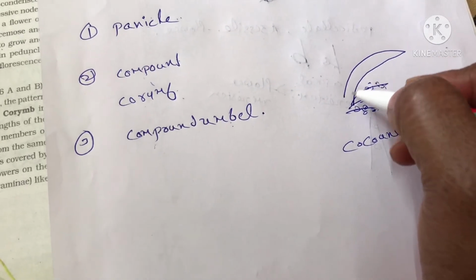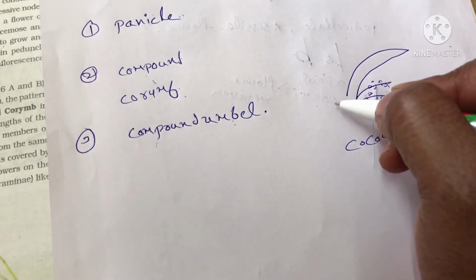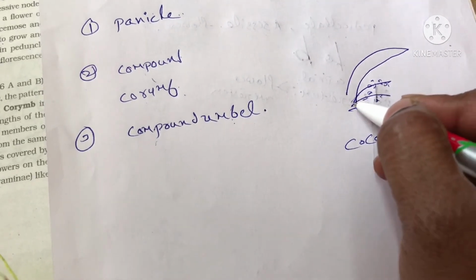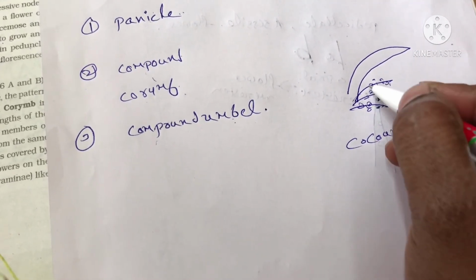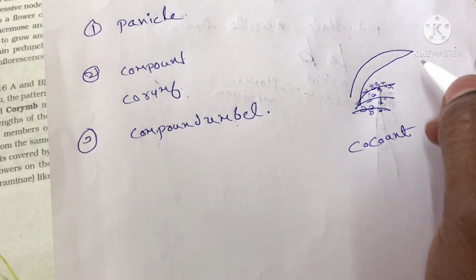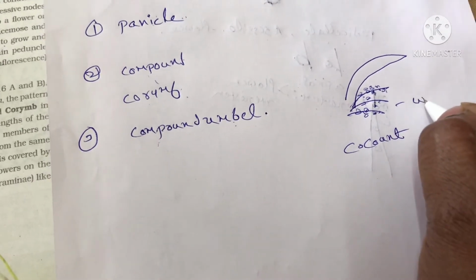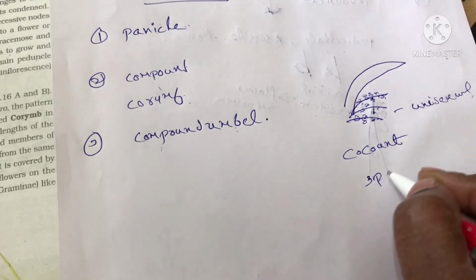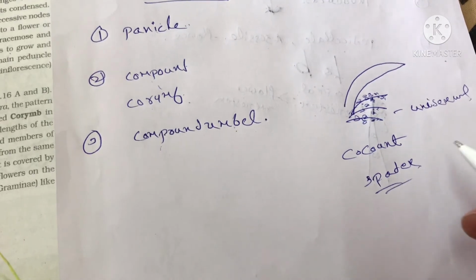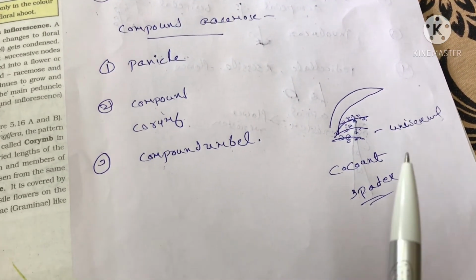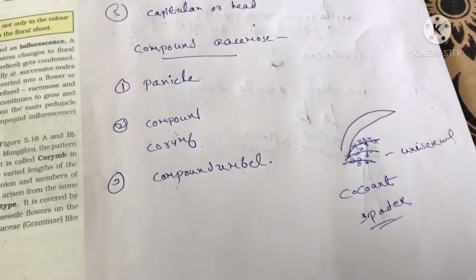Here all bracts are modified into one layer-like structure. Then there are a number of pedicels, and each and every pedicel has a number of flowers. Unisexual flowers are seen in the spadix. This is a spadix. Okay, this is the last thing about racemose type of inflorescence.